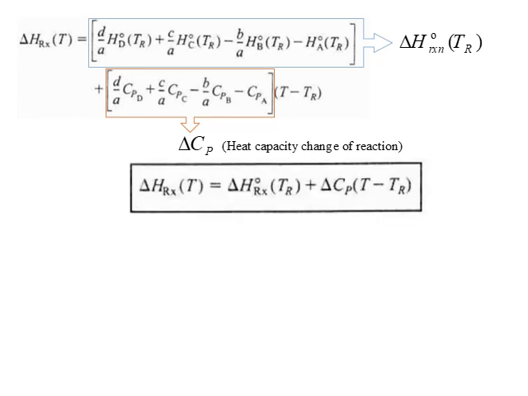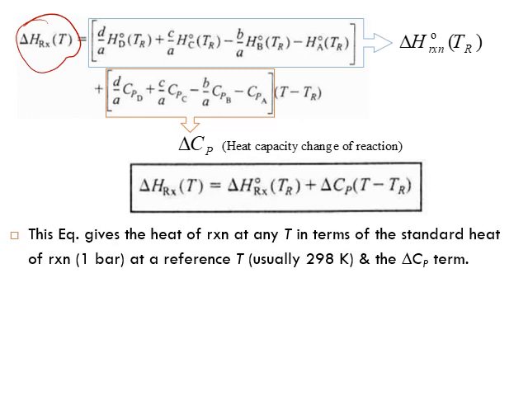So therefore, I can write this equation as: delta H reaction at a given temperature equals the standard delta H reaction at a reference temperature plus delta Cp times (T minus Tr).